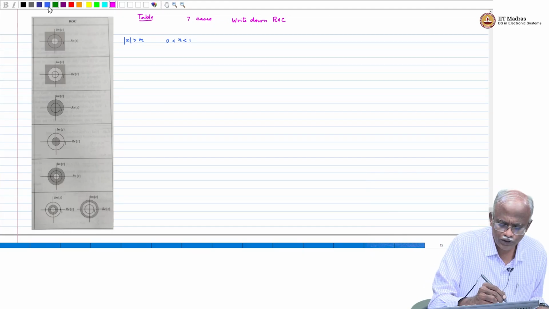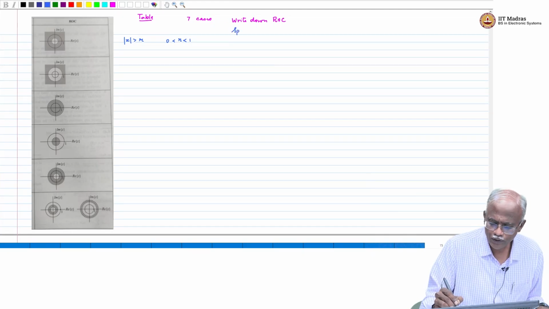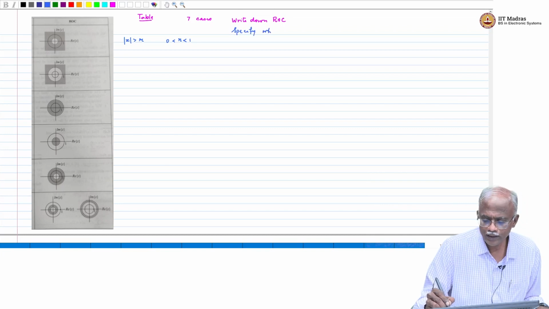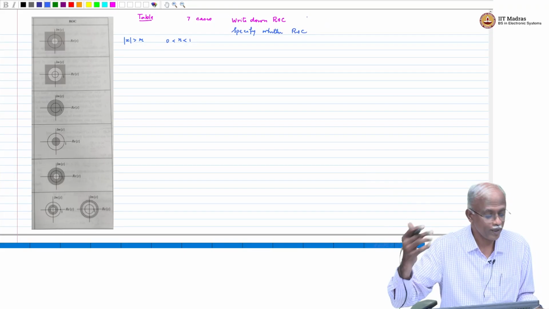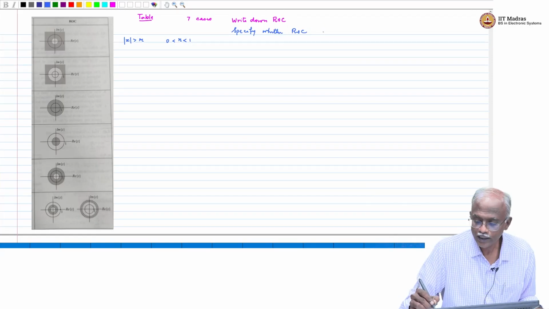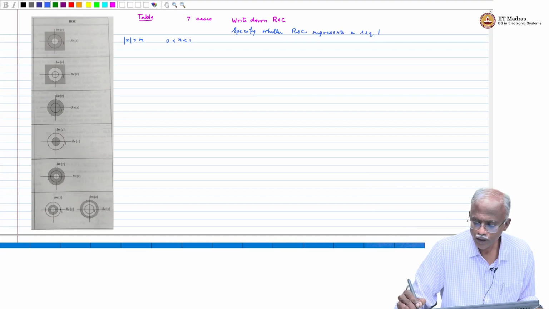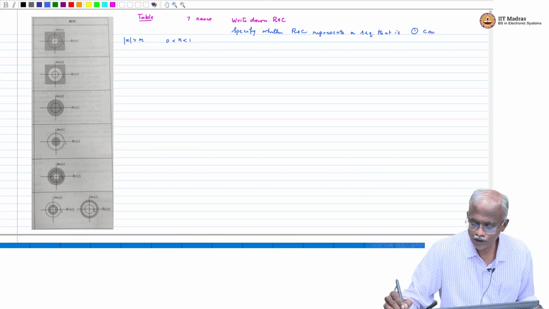Okay, and once you have done that, I would like you to specify or indicate whether the ROC represents a sequence that is, number one, whether it is a causal sequence, and second, whether it is bibostable.